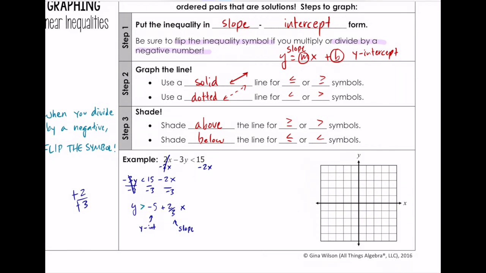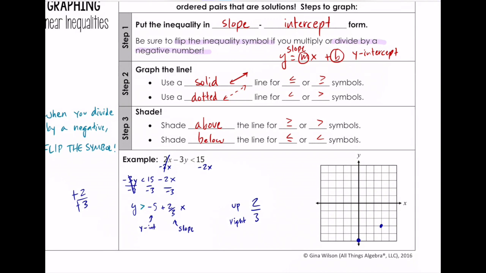So my y-intercept is negative 5. That means on the y-axis, I'm going to find negative 5 and put a point. And my slope is 2/3. So that means go up 2 and to the right 3. So I'm going to go up 1, 2, and over 3, and I'm going to put my next point. I don't have any more room on my graph to put any more points, but all I need is 2 points. I can fill in the line.